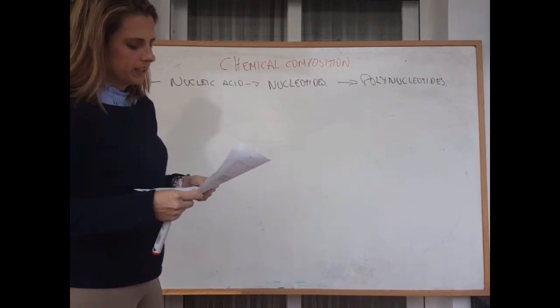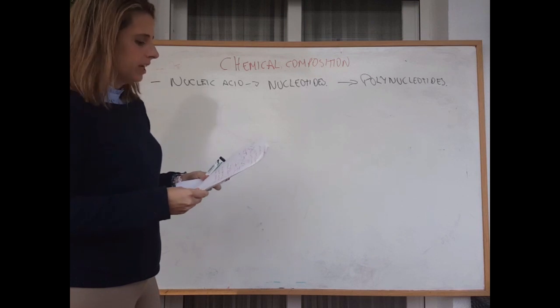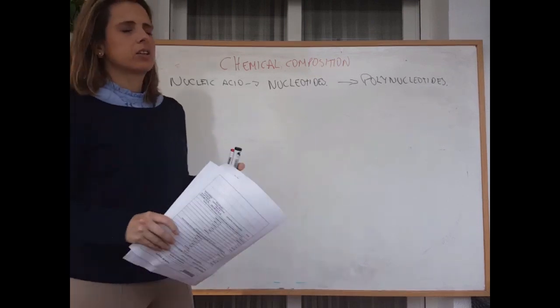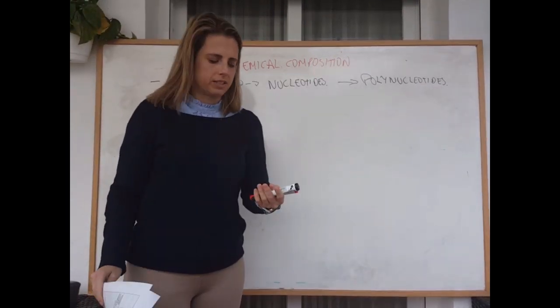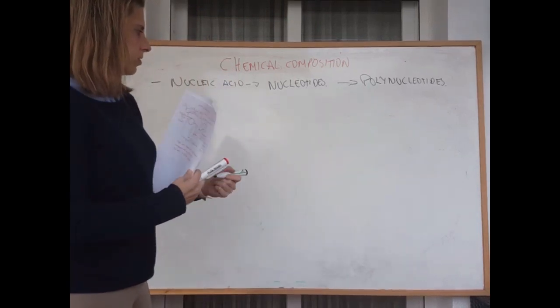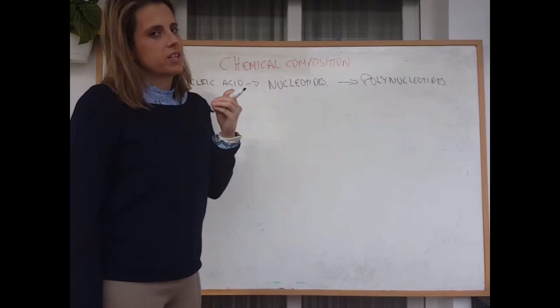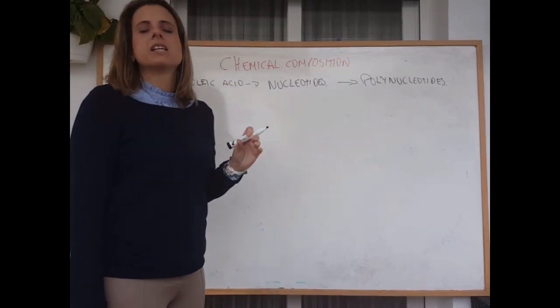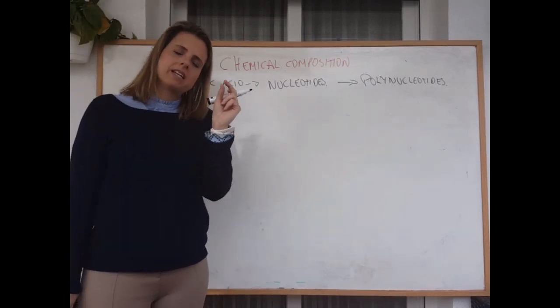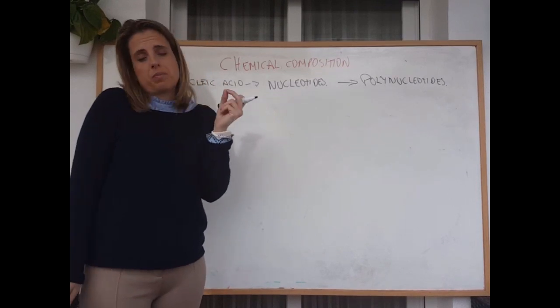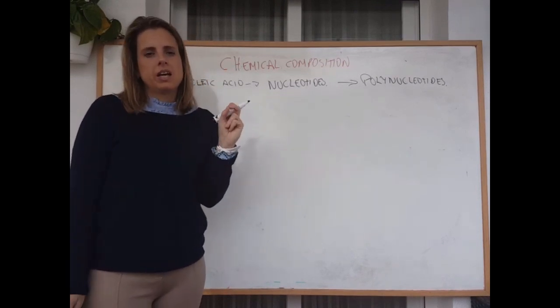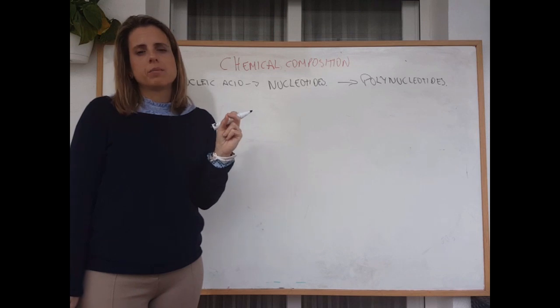How is the structure going to be? The structure of a nucleotide is going to have three main components. One of them is going to be a sugar, right? Un azúcar, a monosaccharide. Remember that when we studied glucids, the main monomers of glucids were monosaccharides.